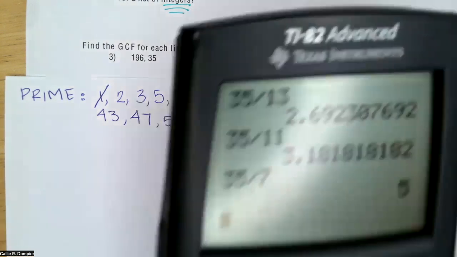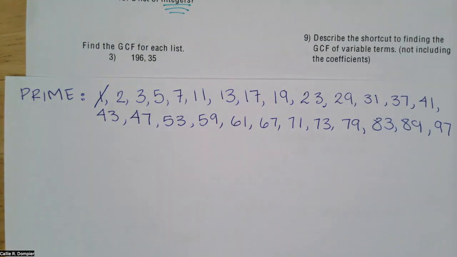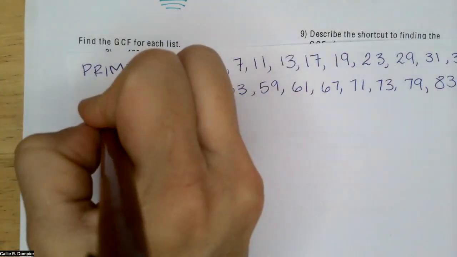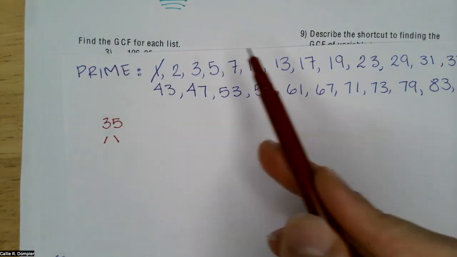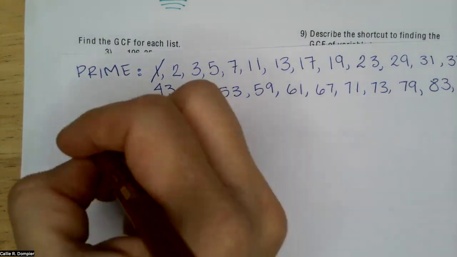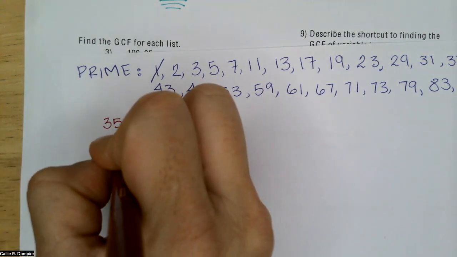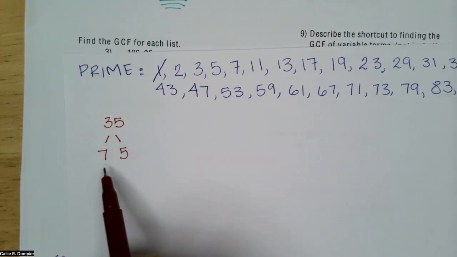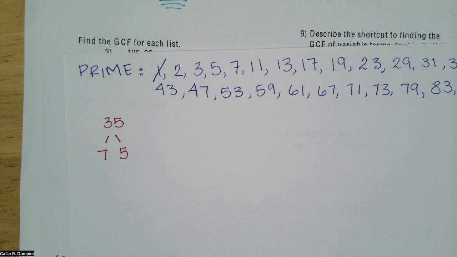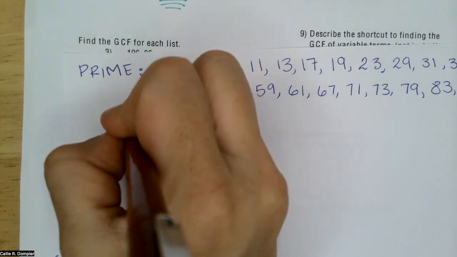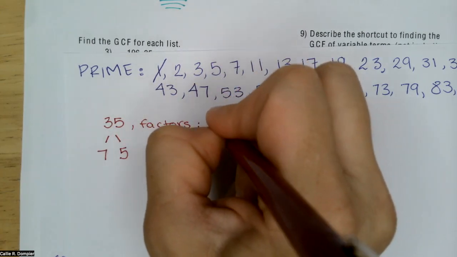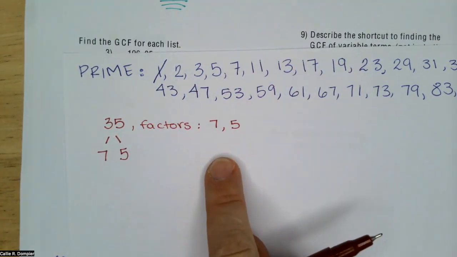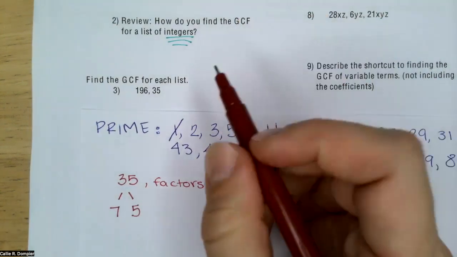Oh, it's 7 and 5. If I start dividing by primes, beginning with the biggest prime, I get 7, and 7 times 5 is 35. Those are both primes, so that is the factored form of 35. The factors are 7 and 5. Now, good thing we started with the easier one.